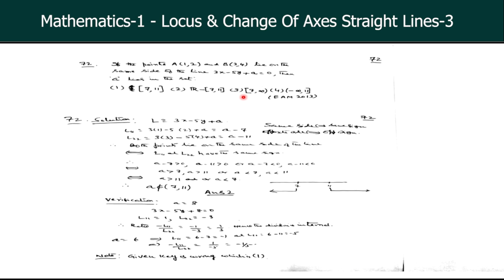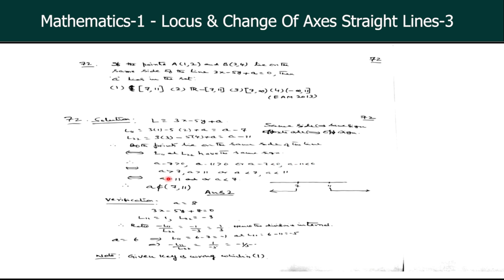So here, L is 3x minus 5y plus a. L11 means 3 into 1 minus 5 into 2 plus a, which is a minus 7. L22 means 3 into 3 minus 5 into 4 plus a, which is a minus 11. Both points lie on the same side of the line if and only if L11 and L22 have the same sign, that is a minus 7 greater than 0 and a minus 11 greater than 0, or a minus 7 less than 0 and a minus 11 less than 0.